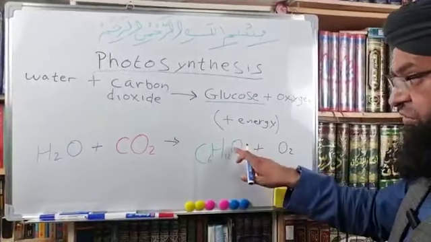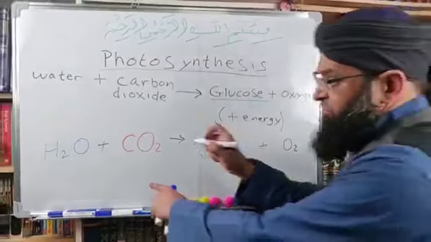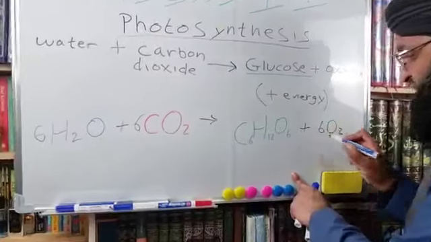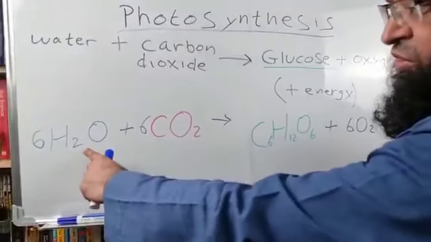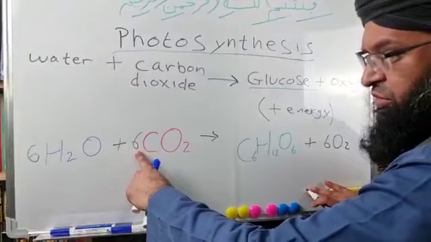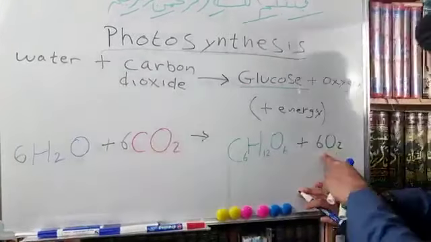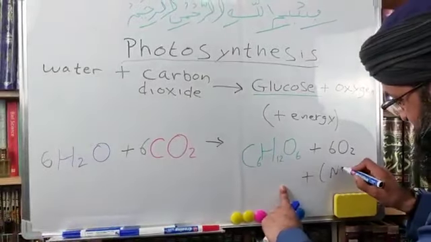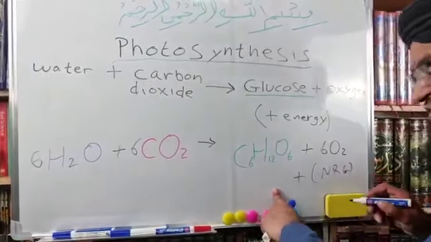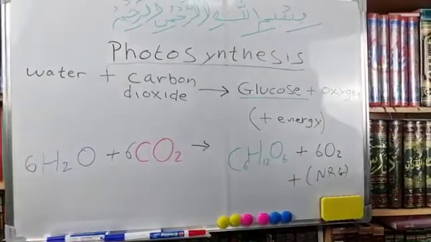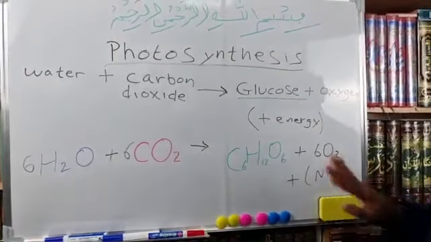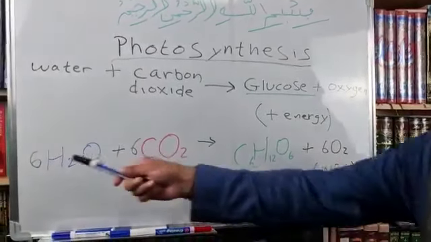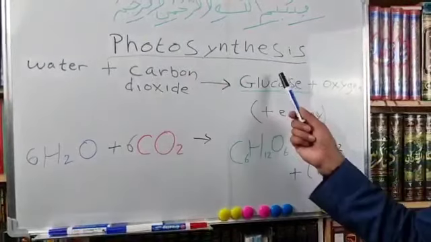This molecule already has a 6, so I put it over here: 6, 6, 6. 6 molecules of water, 6 molecules of carbon dioxide, 6 molecules of oxygen, plus over here I will have NRG, energy, which in further videos will go into ATP and so on, but none of that just now. For our GCSEs, for our learning, we have a balanced equation for photosynthesis.